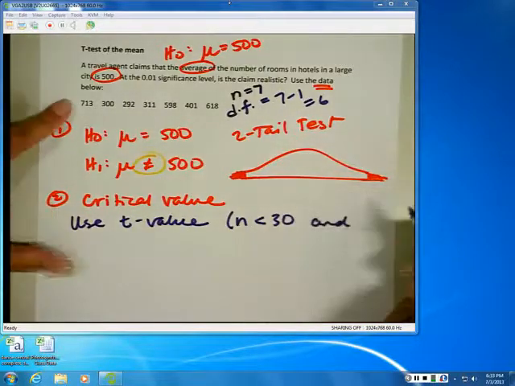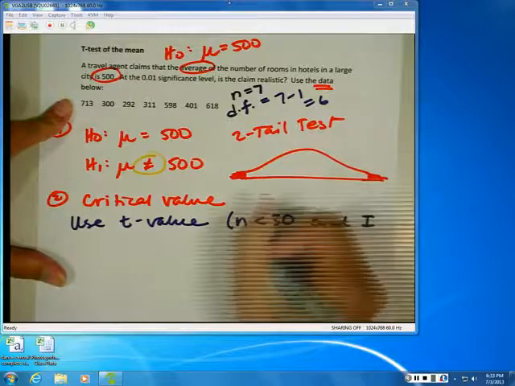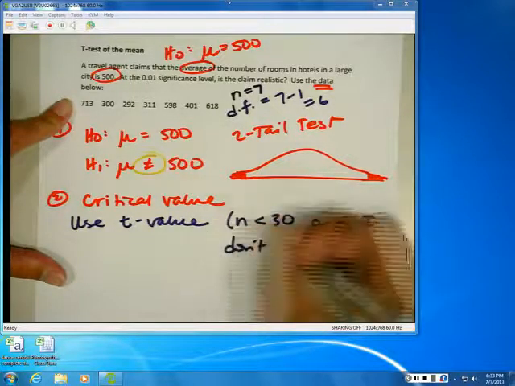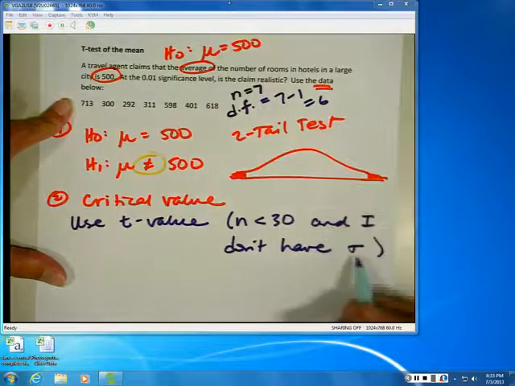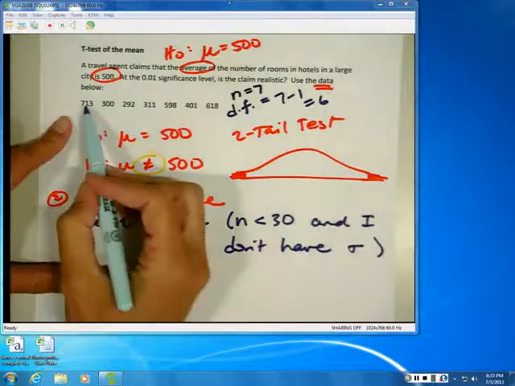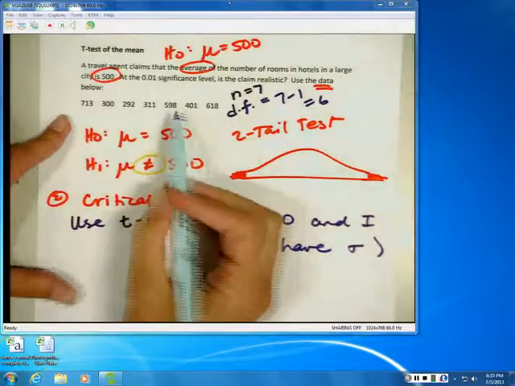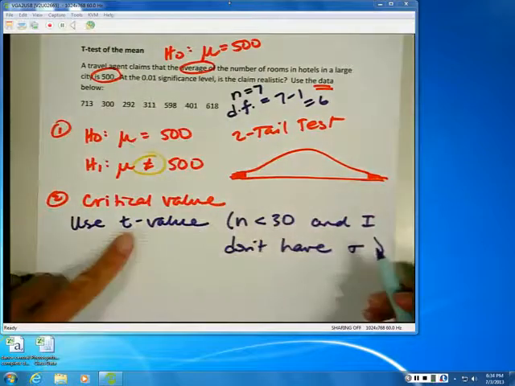And they did not give me the population standard deviation. I don't have sigma. If I had sigma, I'd have the shape of the normal curve. But I don't. I have the sample data, which means I only have the sample standard deviation. So that means I'm forced to use a t-value.